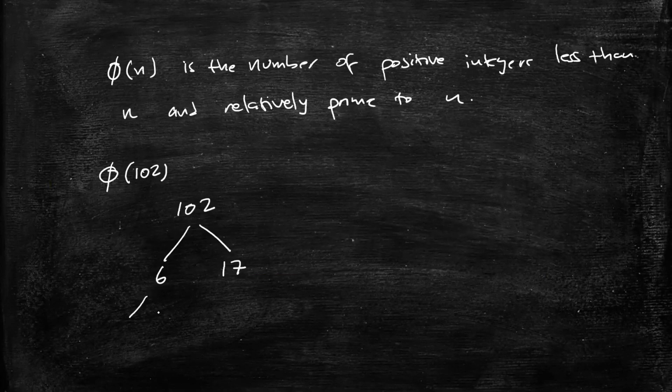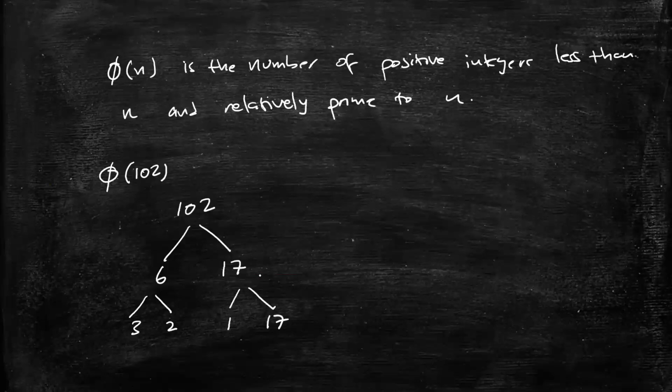And we know that 6 has two factors, 3 and 2, and 17 only has two factors, 1 and 17. So the numbers 1, 2, 3, 6, and 17 are actually not relatively prime to 102, so they should be excluded.